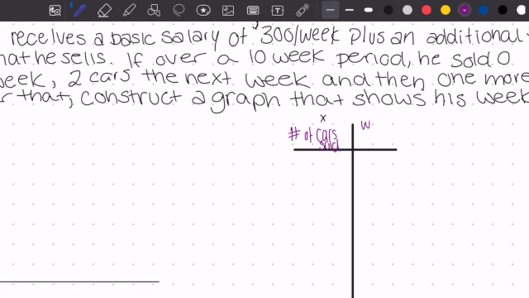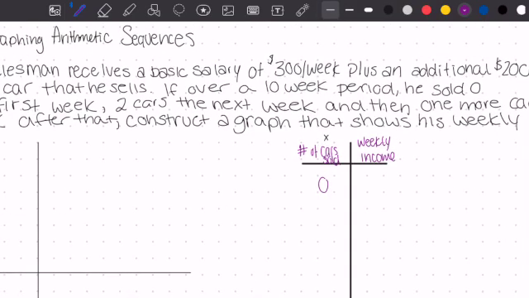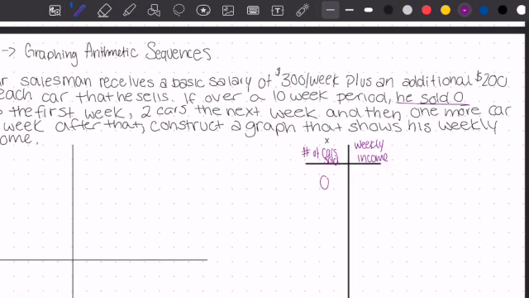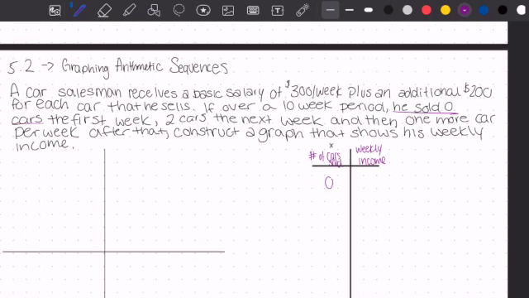And then this one is weekly income. So the first week, he sells 0 cars, and the next week, 2 cars. So for the first week, 0 cars, which means our weekly income is just the basic salary.